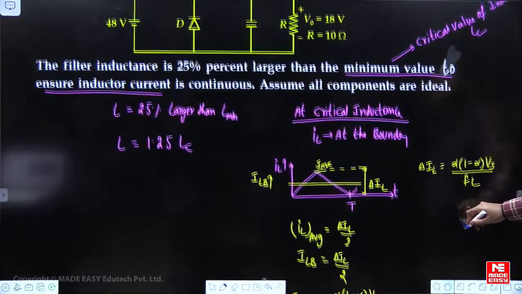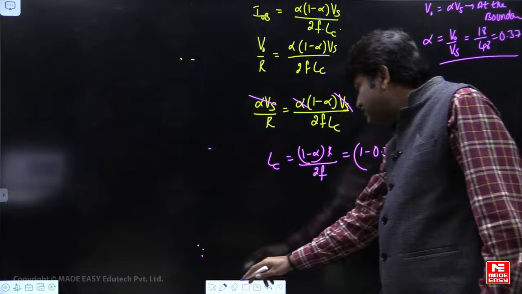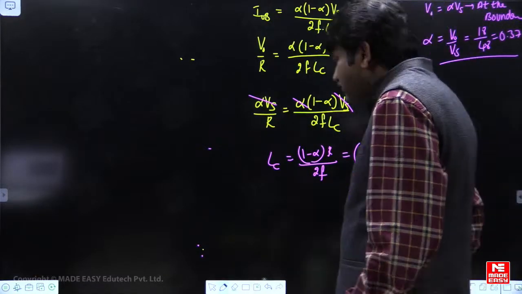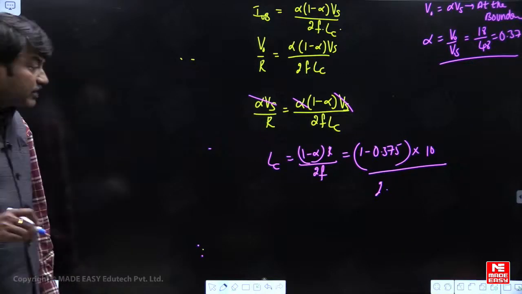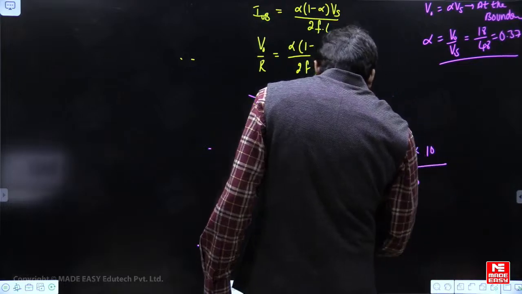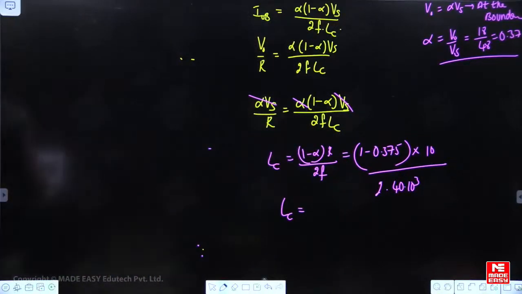Load resistance is 10 ohms, by 2 into the frequency, which is 40 kilohertz, so 40 into 10 power 3. Yes, calculate the value of critical inductance. How much are you getting?